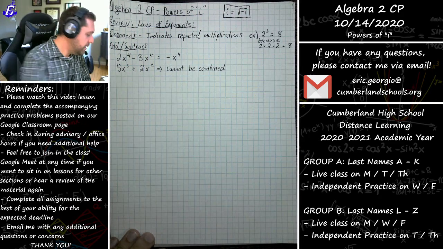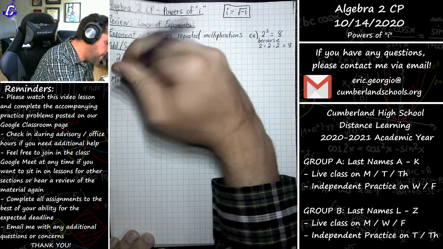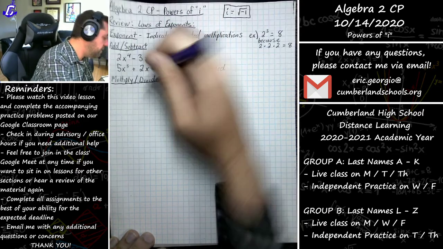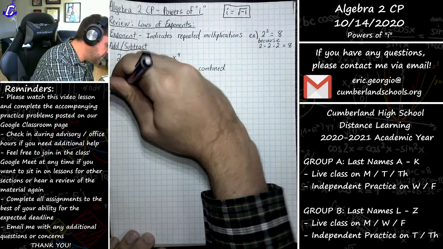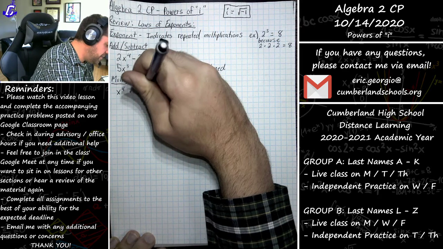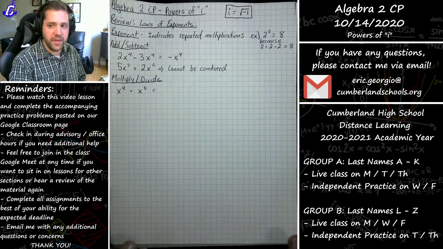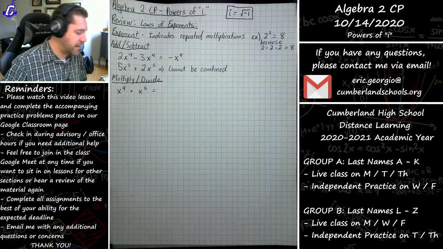When we're multiplying and dividing exponents, what do we do? Multiplying and dividing, I think, is a little more interesting. If I have x to the fourth times x to the fifth, think about what that means. X to the fourth means I have x times x times x times x, multiplied by itself 4 times.